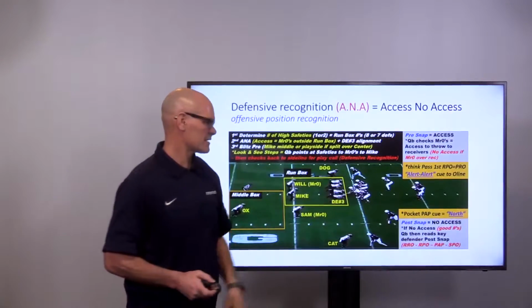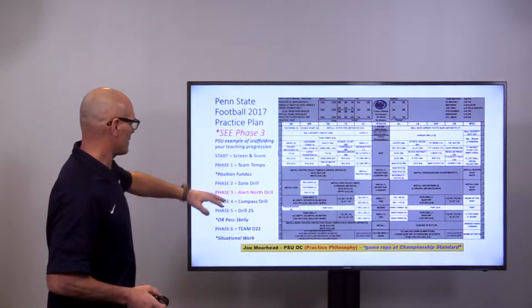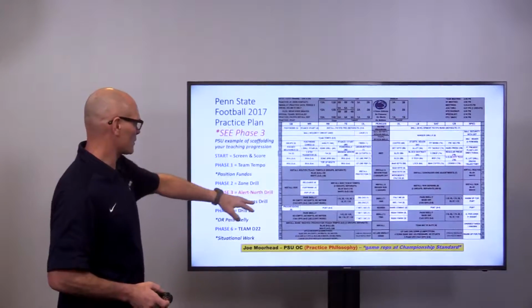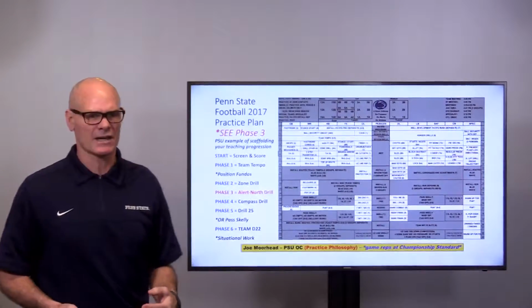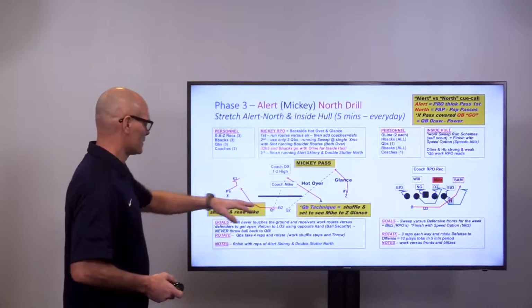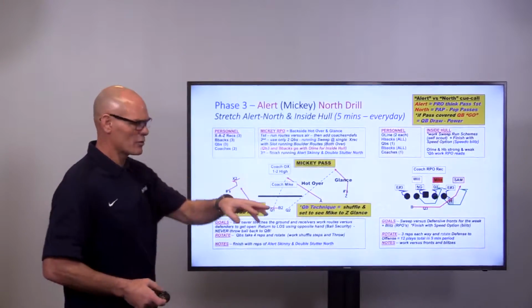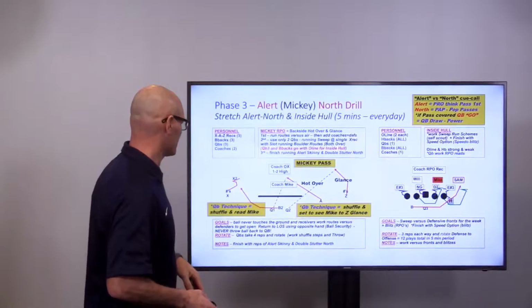Here there is access. Again, in the practice and teaching phase, what we would focus on here is what we call our north drill or alert, where we can work really the play action phase of the RPO. So this is what's happening when we run all outside runs, whether it's zone or outside gap, pin and pull.